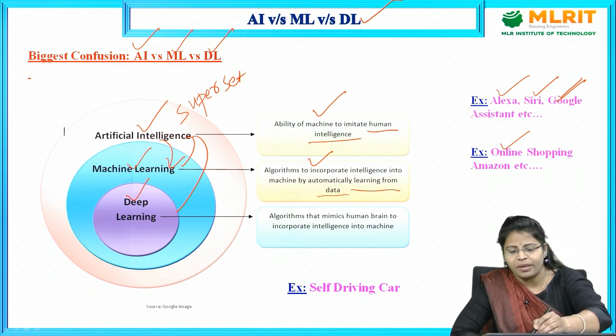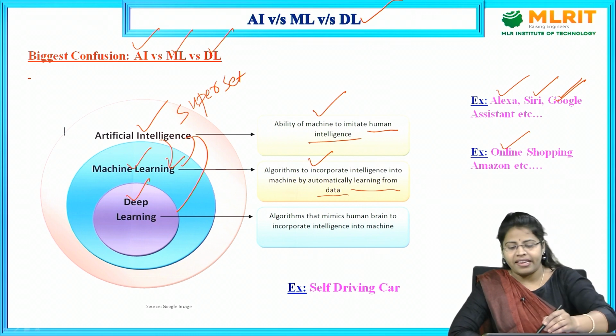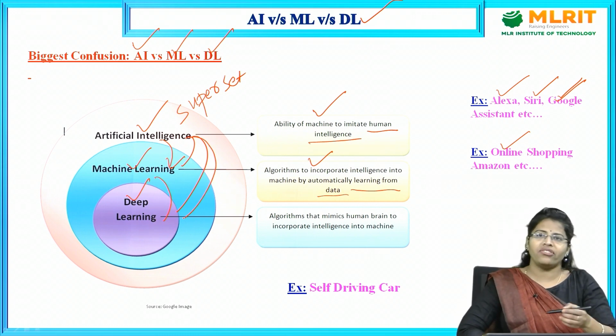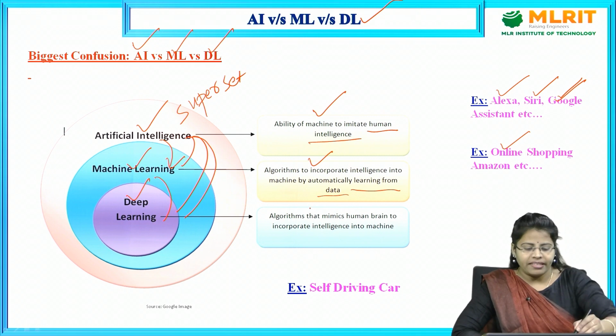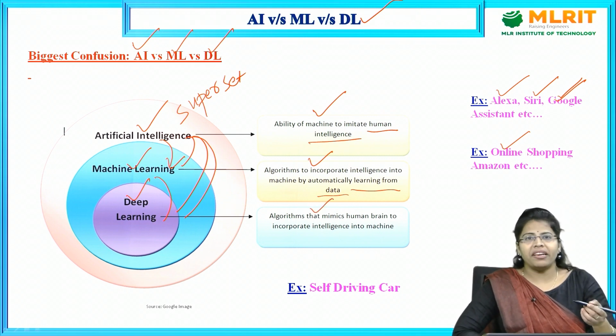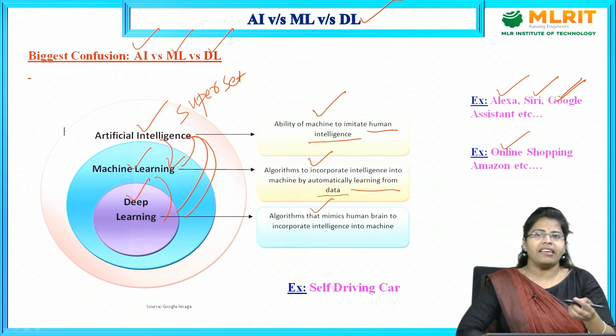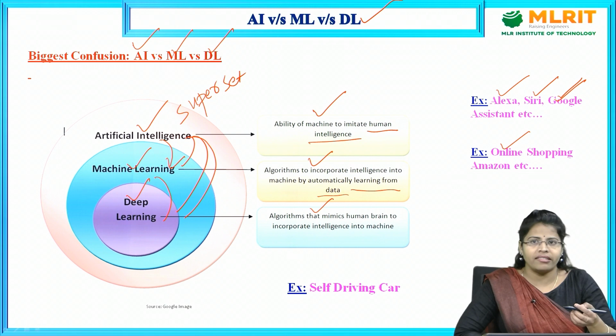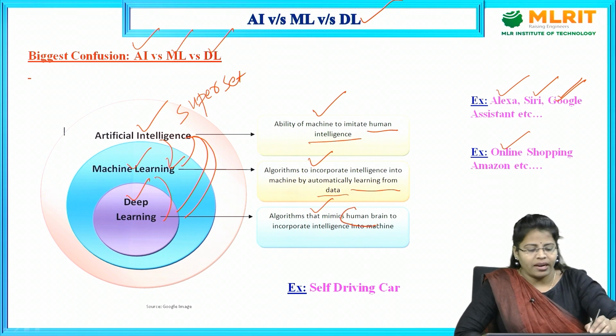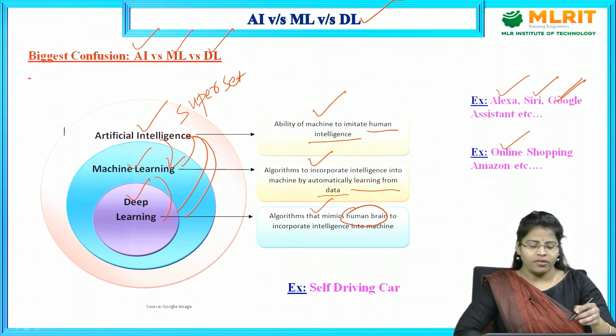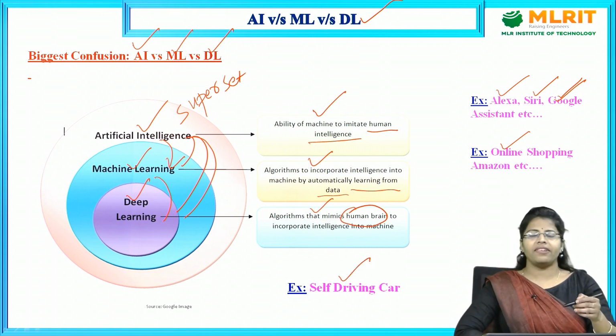And coming to deep learning. Deep learning is a subset of machine learning and also of artificial intelligence. In this, the algorithms mimic the human brain to incorporate intelligence into machines. That means deep learning is a method in artificial intelligence that teaches computers to process data in a way inspired by human behavior. For example, self-driving cars.